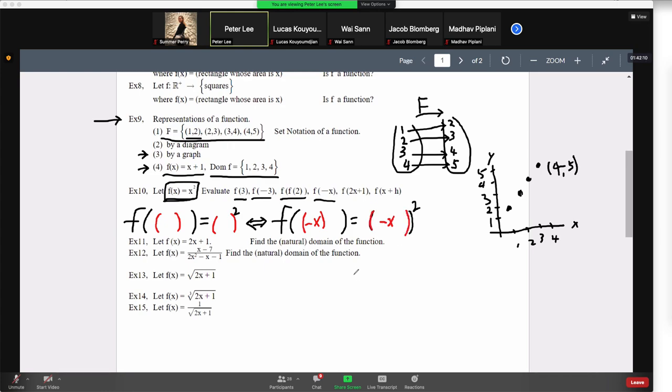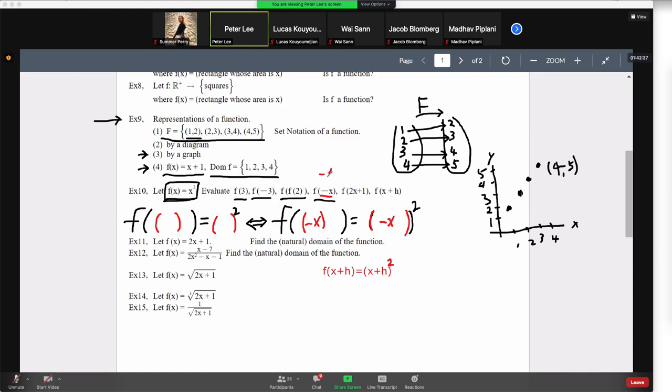It's built in. So in this case, let's say, what is f of x plus h? F of x plus h is equal to x plus h squared. So here, this is what I'm trying to say. When you substitute minus x here, don't just plug in minus x.